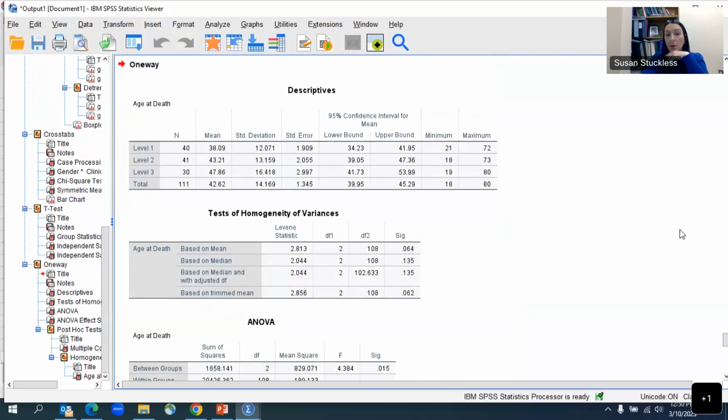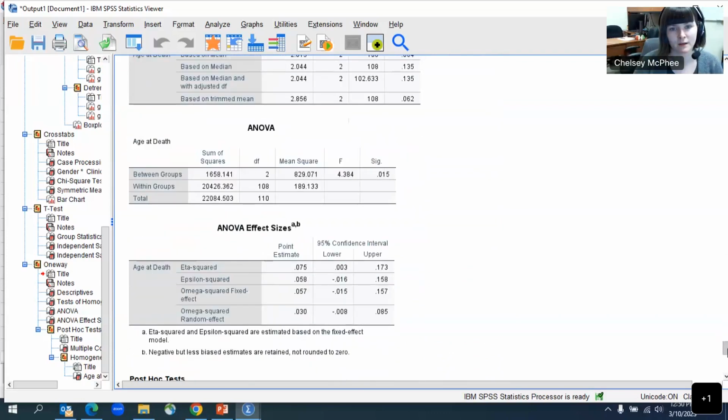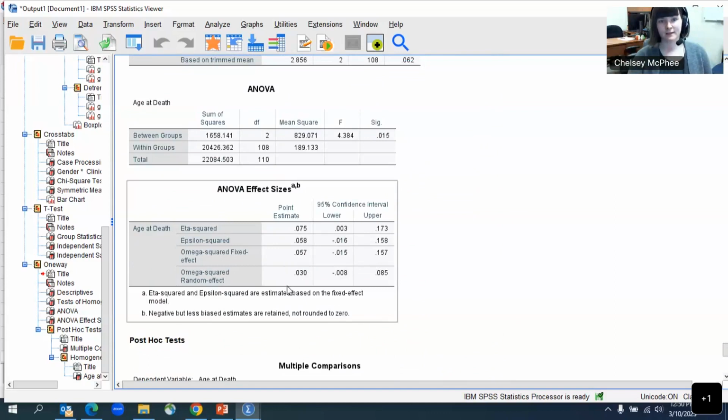But when you're looking at your effect size and stuff, that's based on some general cutoffs for what's considered small, medium, or large. And this differs for every different effect size. So like I'd said, for chi-square, you would look at phi and Cramer's V, and there are different values that will be considered small, medium, or large effect.